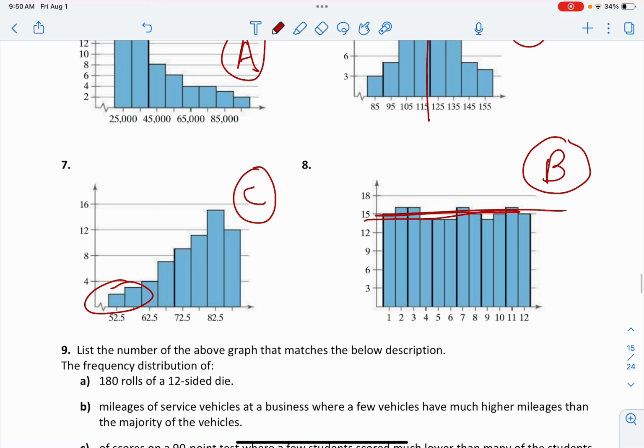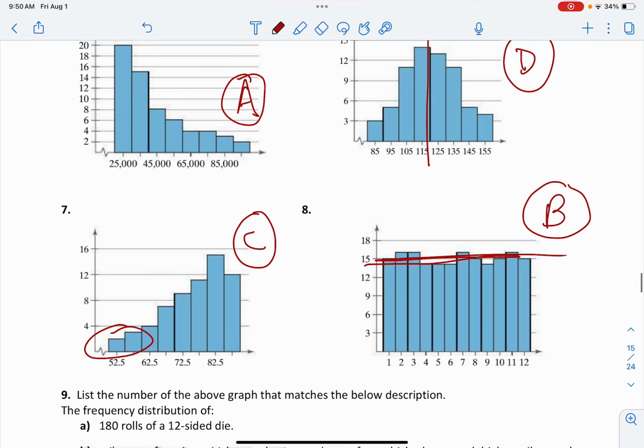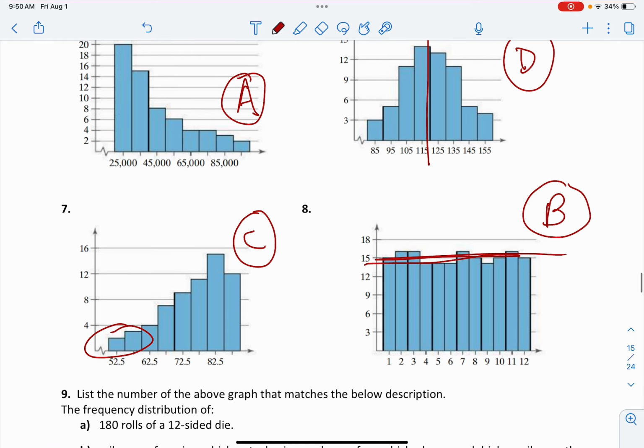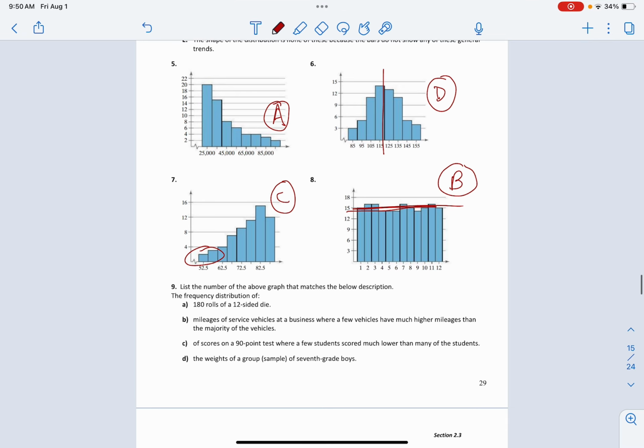Okay, list the number of the above graph that matches the description. All right, so can we relate any of these to real world data? So let's see if I put them all at the same time here. How about 180 rolls of a 12-sided die? You would probably expect you'd get the same number of each side, right, if it's a fair die.